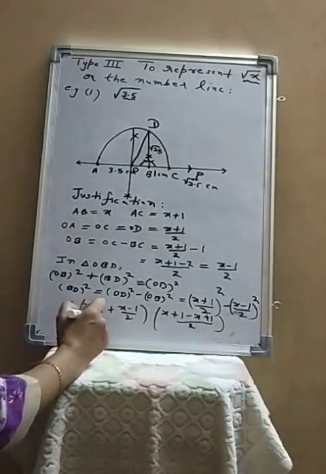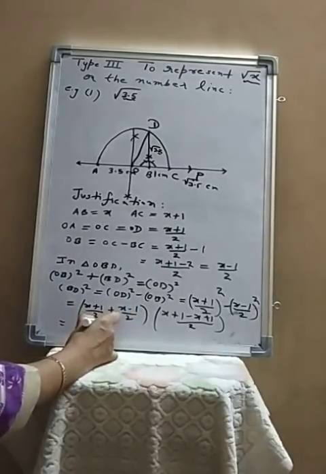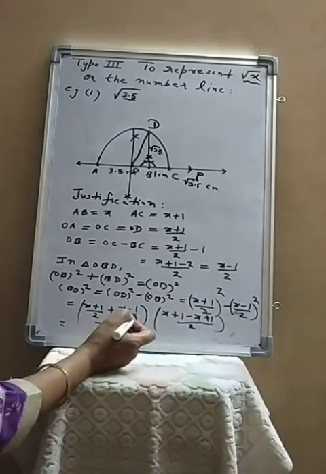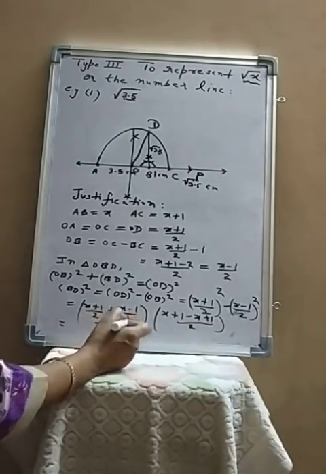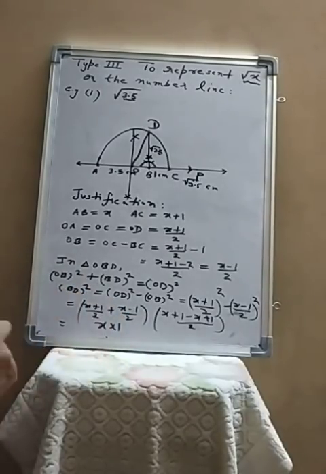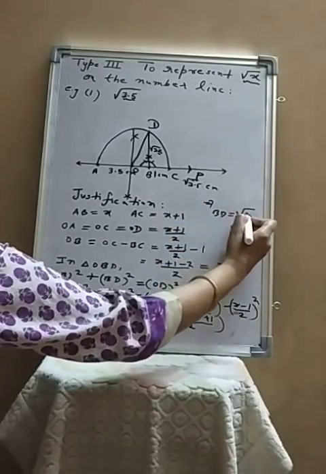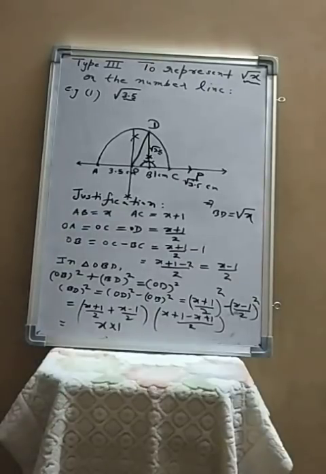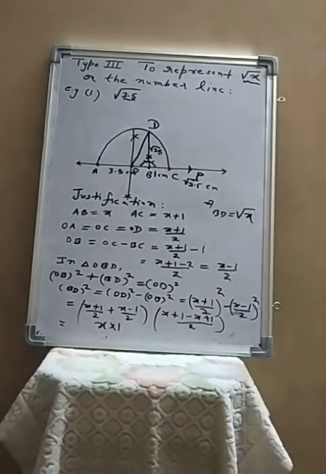On simplifying this, you will get 2x upon 2, that is x, and after simplifying the other factor, you will get only 1. So it means BD square is x, which further means that BD is root x. So using Pythagoras theorem, we can prove that this length BD is equal to root x, where x is any real number.